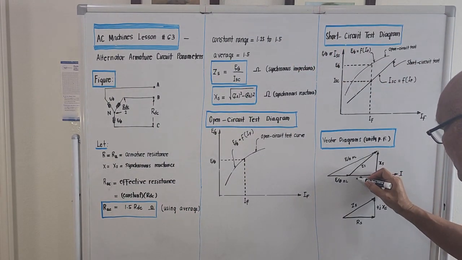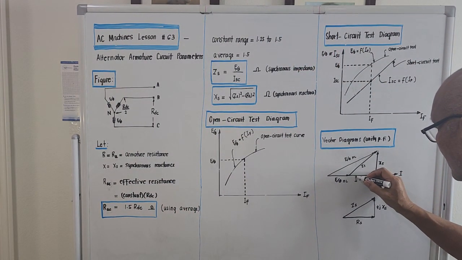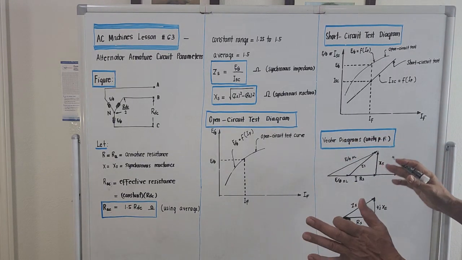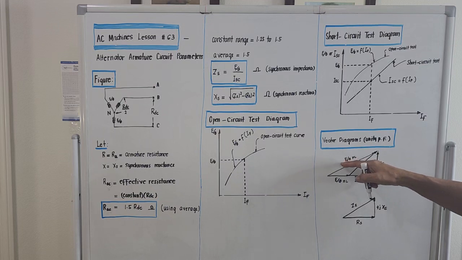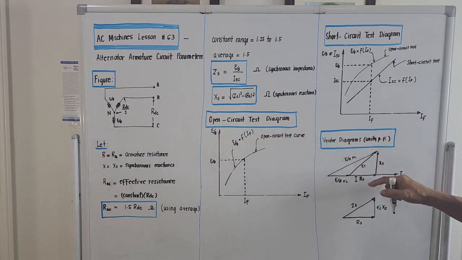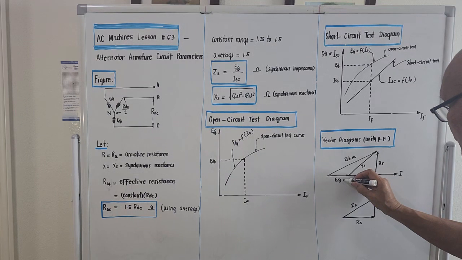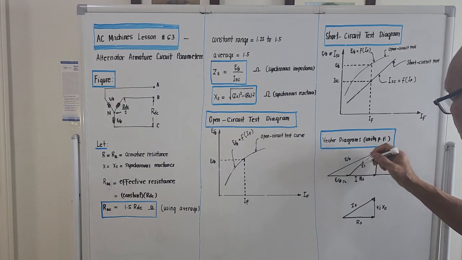There should be an I over here. Because this is a vector diagram for the IR drops and the computation of the voltage per phase. Oh, we should interchange this one. This is full load, and this is no load.